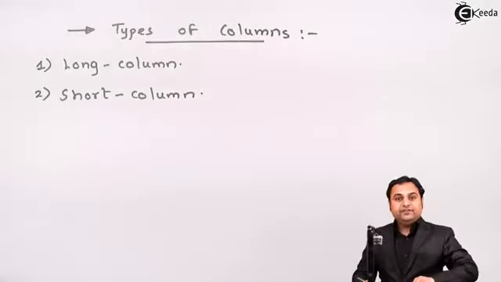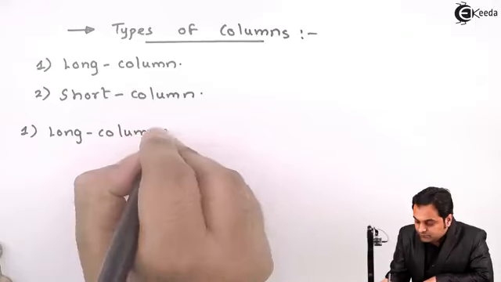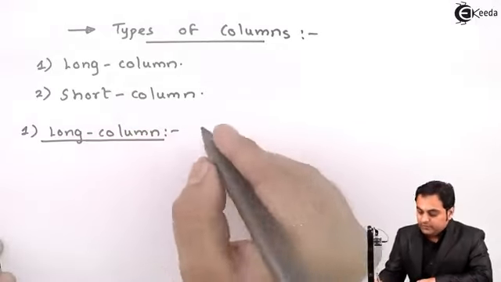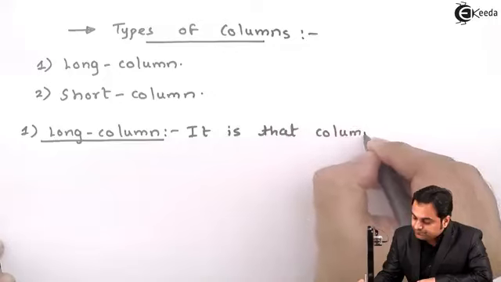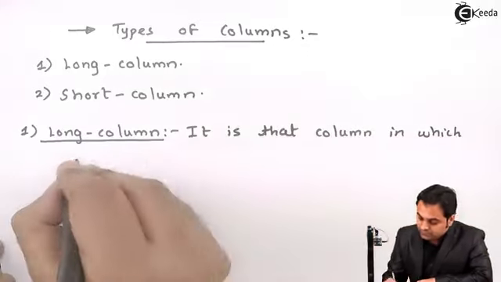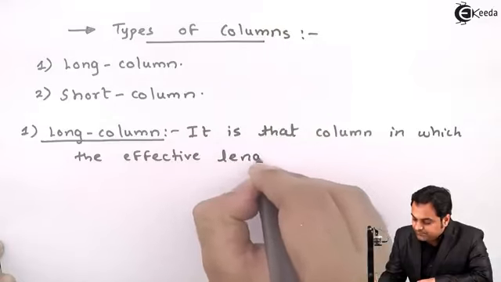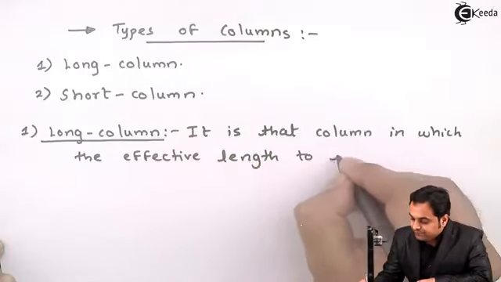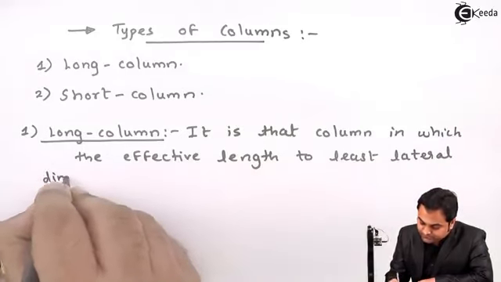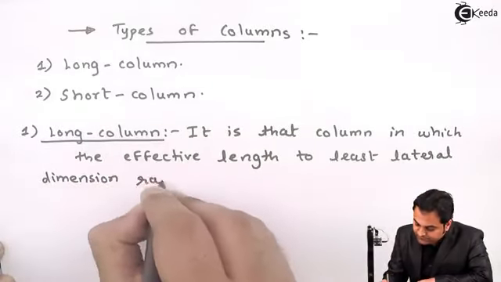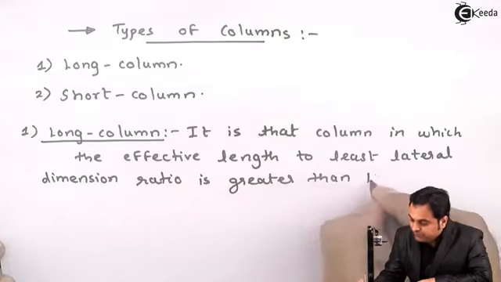Now I'll write down the definition for long column. Long column, it is that column in which the effective length to least lateral dimension ratio is greater than 12.